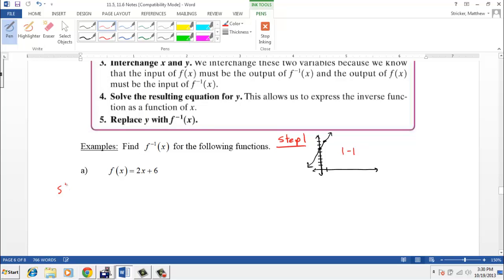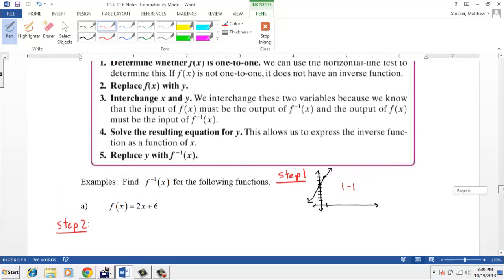Step 2, outlined in the box here, says that we can replace f of x with y. So we know that's the same anyway, so instead of f of x, we can say y is equal to 2x plus 6.